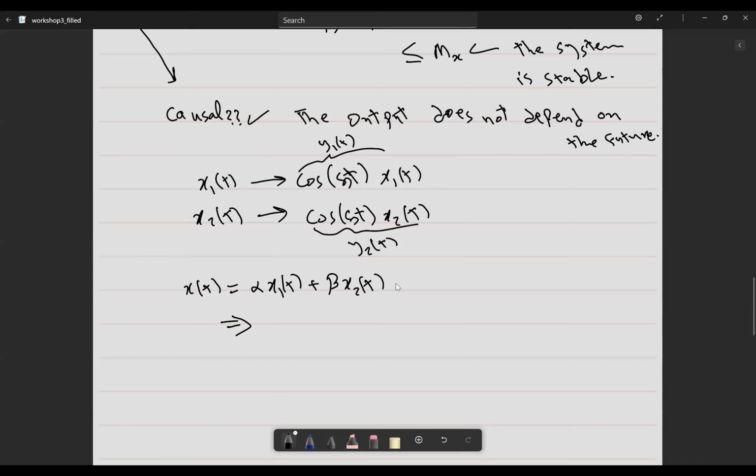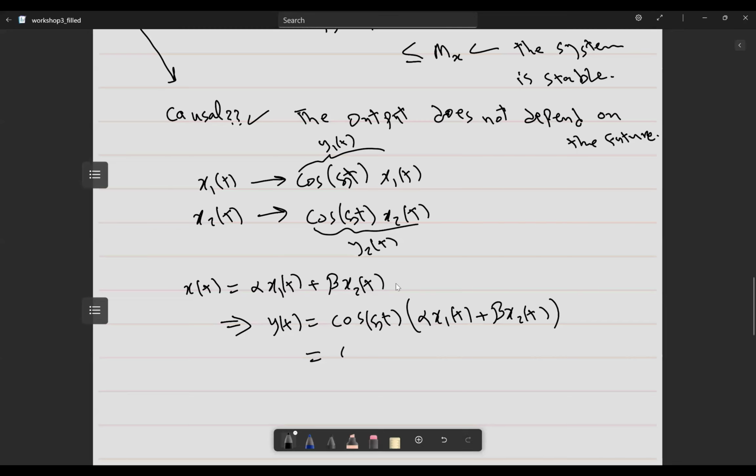Then yt will be cosine 5t times alpha x1t plus beta x2t.